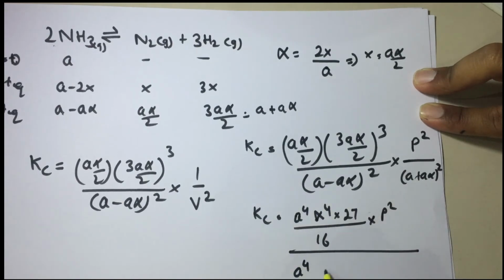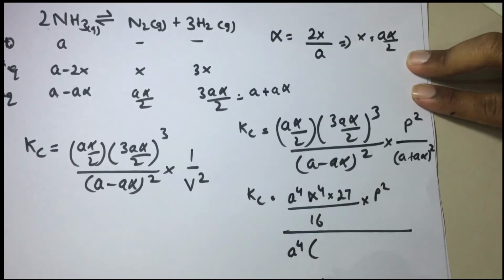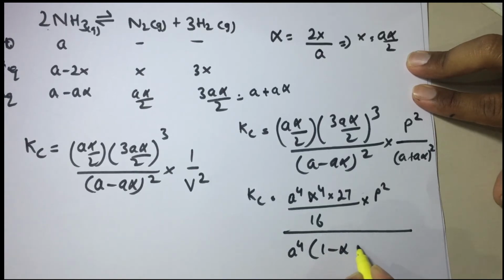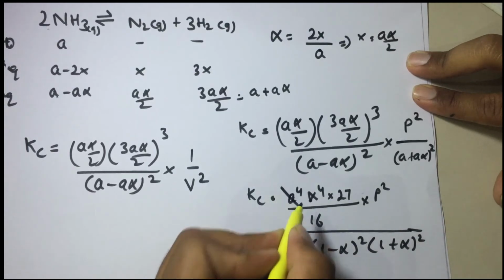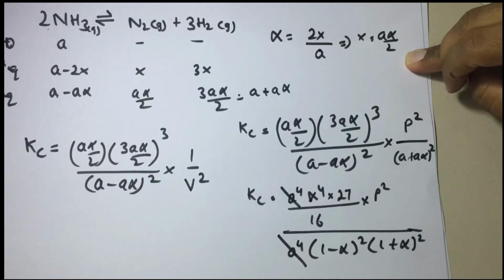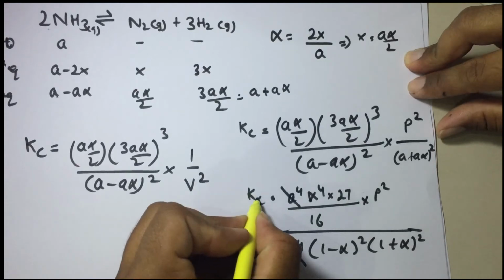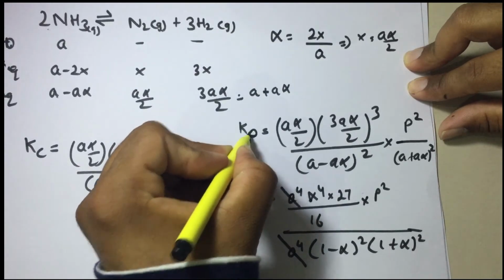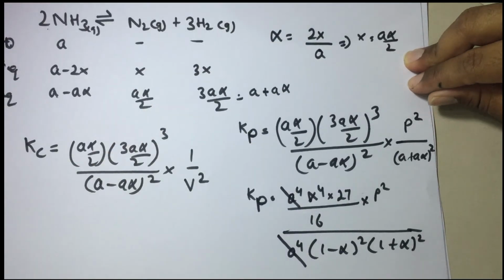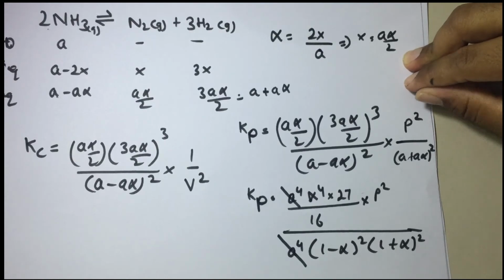So A to the power 4 multiplied by 1 minus alpha whole square, 1 plus alpha whole square. So A to the power 4 cancels out. That means we are writing the expression of Kp correctly. Okay, so is it easy to you all?